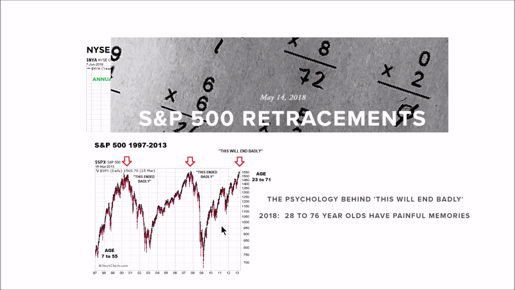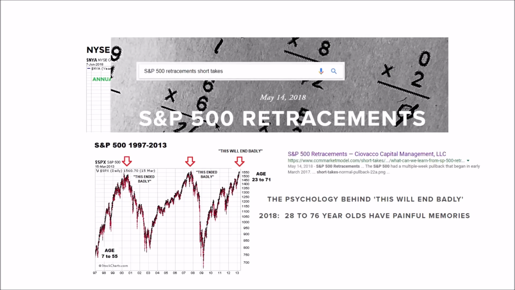It contains charts, text, and a video on the psychology behind "this will end badly." You can find it by Googling the title S&P 500 Retracements followed by the name of our blog, Short Takes, and you should be able to find this link here where my cursor is in the search results.